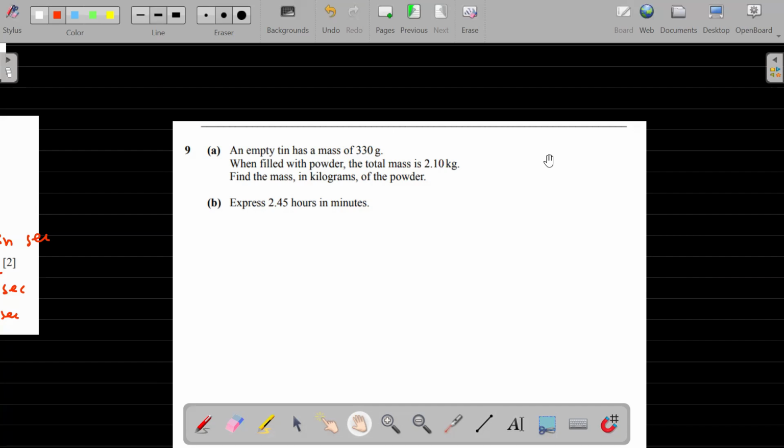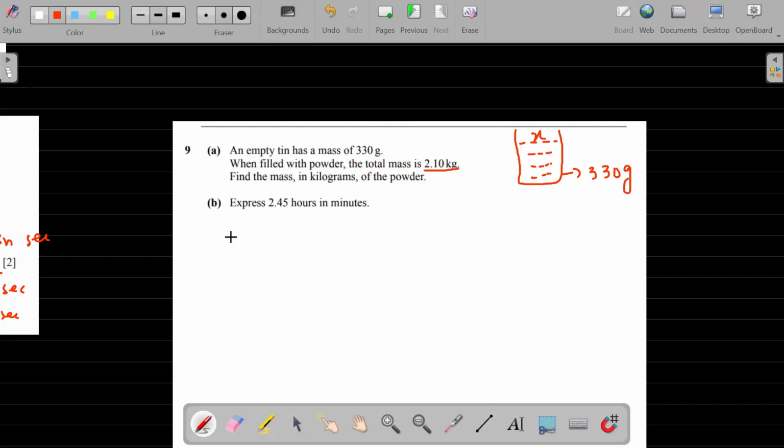Find the mass in kilogram of the powder. You can see that there is a tin and total mass. You have filled it with powder as well. So you are going to assume that the mass of powder is X. So the total mass is 2.10 kg. Now let's find the value of X.